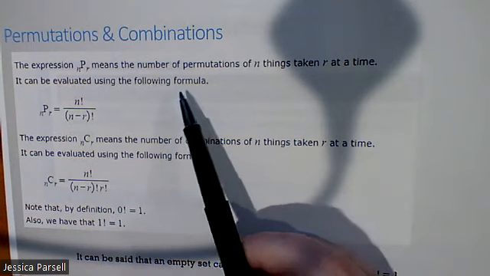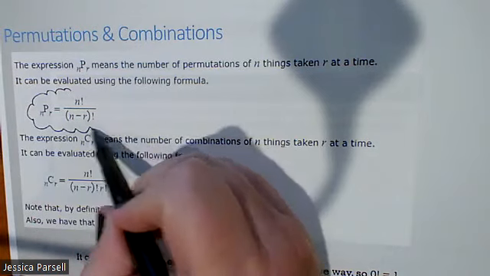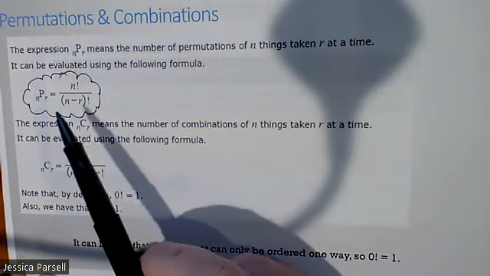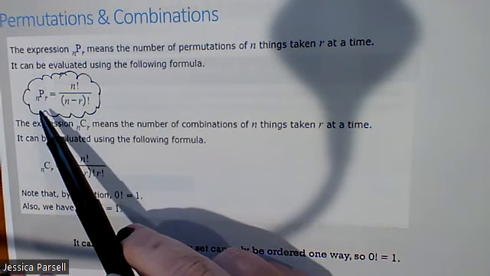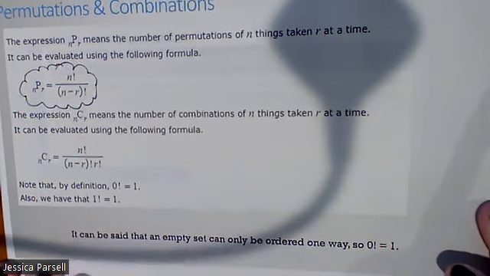It can be evaluated using this formula. So this formula is something you're going to want to put in your notes and make sure you have that close by, because you're going to use it constantly. So that's a formula for permutations. So we're going to practice taking n things taken r at a time. And you'll see what that means here in a minute.